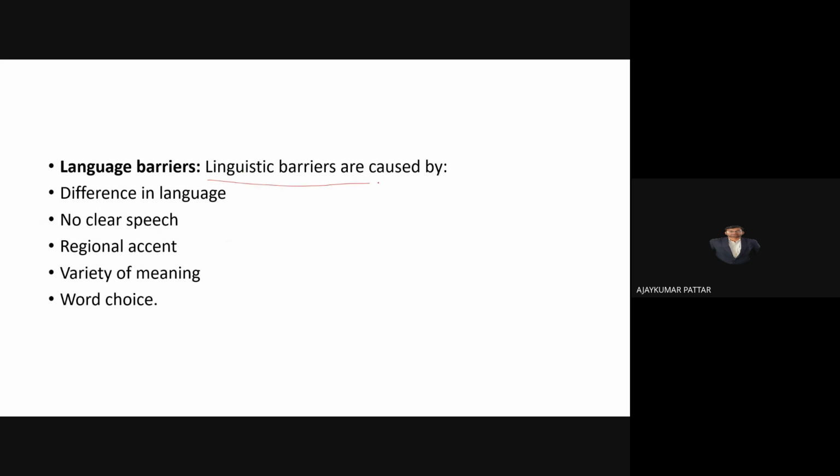Language also acts as a communication channel, because the majority of communication happens by language only. The linguistic barrier: sometimes the language also acts as a barrier. For example, I don't know Gujarati, but I am working in Gujarat.